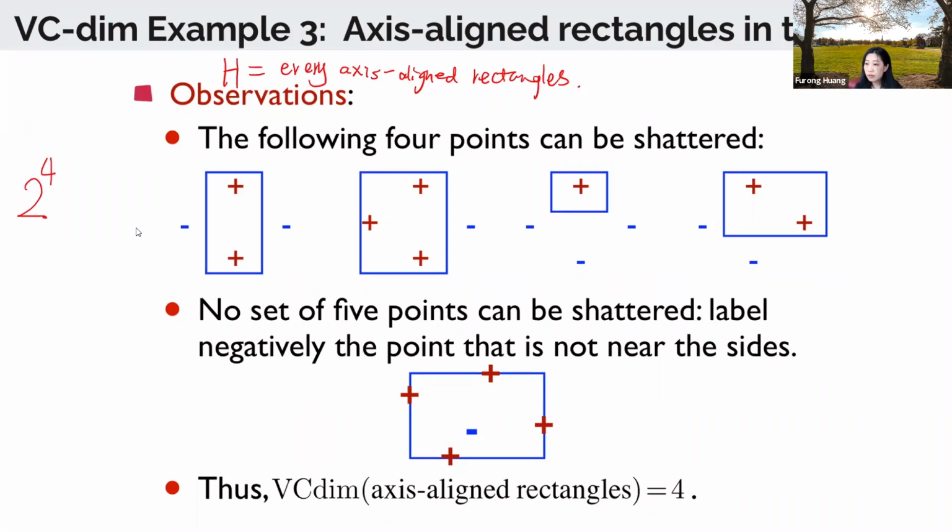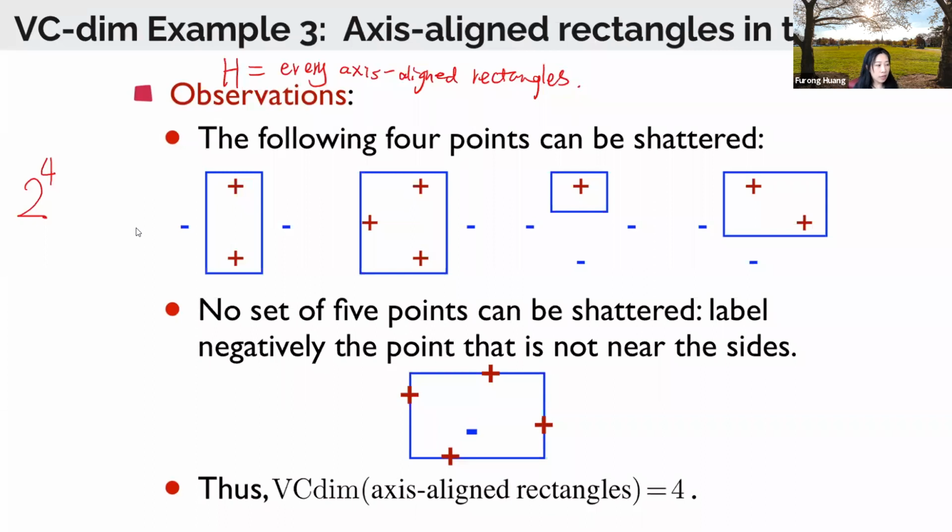All right. So this is going to be a lower bound. Now we're talking about non-realizability. I hope this example is intuitive enough for you to understand why you can never shatter 5 points. Right? No set of 5 points can be shattered.